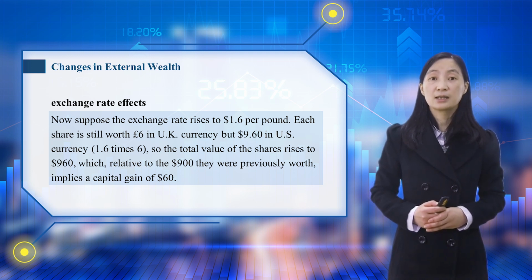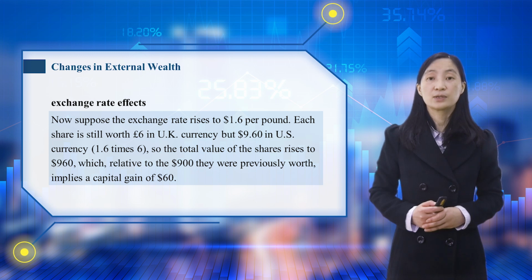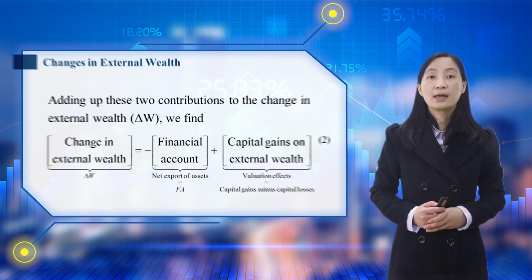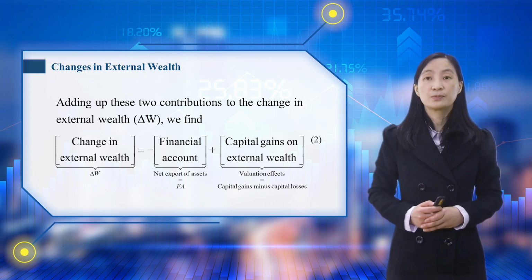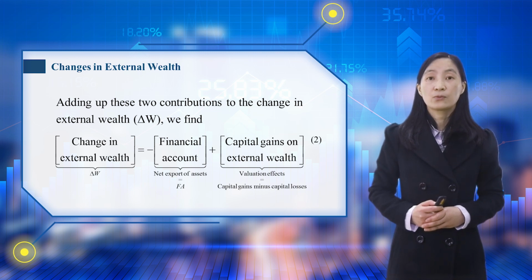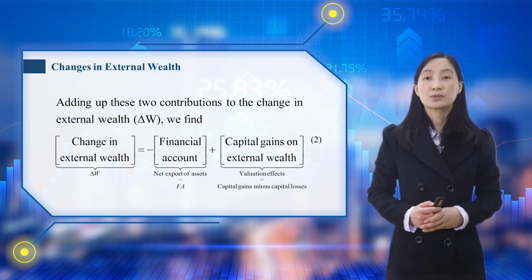This is an example of an exchange rate effect. Similar effects can change the value of external liabilities. Adding up these two contributions to the change in external wealth, ΔW, we find ΔW equals minus FA plus capital gains on external wealth.